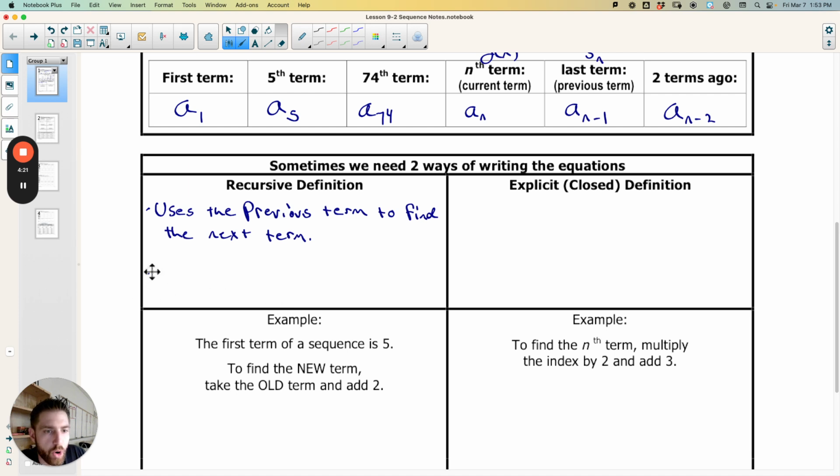And you always have to have the previous term. Okay, you always have to have that previous term.